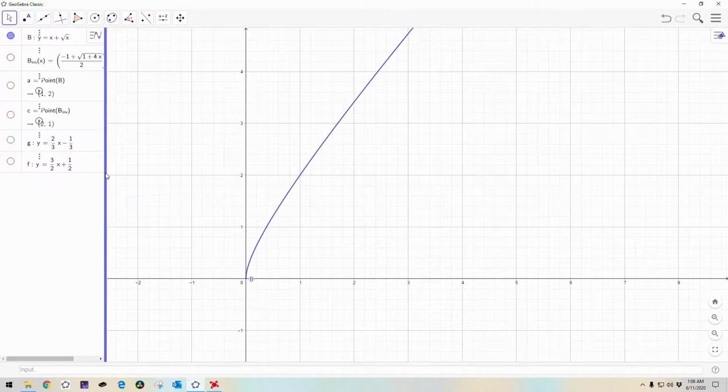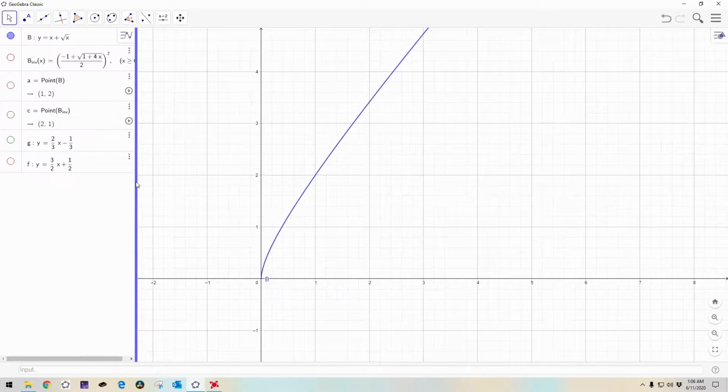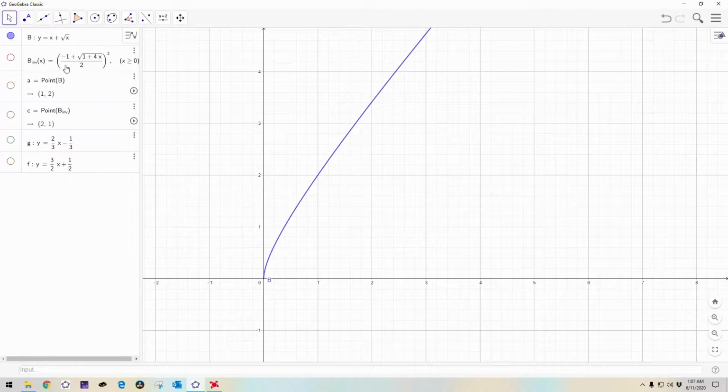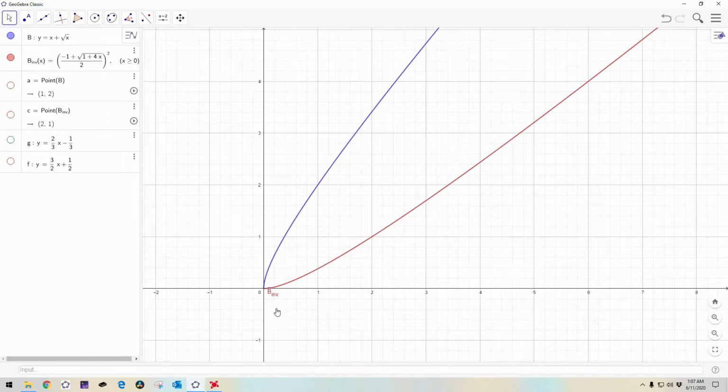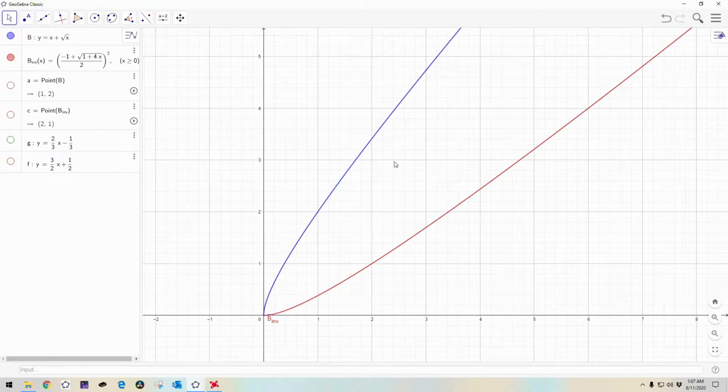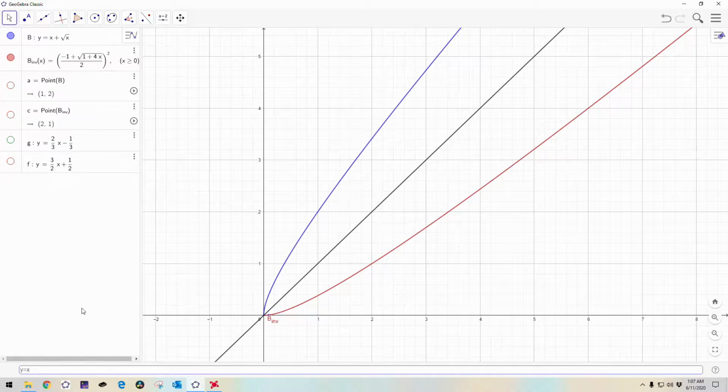The inverse of this function is not something you would want to calculate in your average everyday course, but this is what it ended up being. And don't forget, when things are inverses, on their graphs they are symmetrical around the line y equals x. So there's the line y equals x. You can see that they are symmetric around that line.